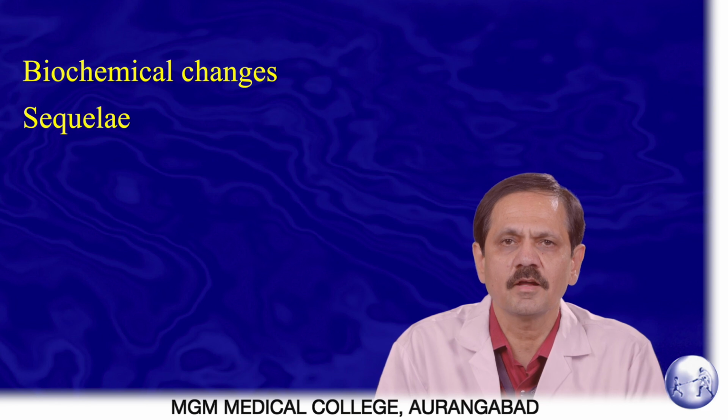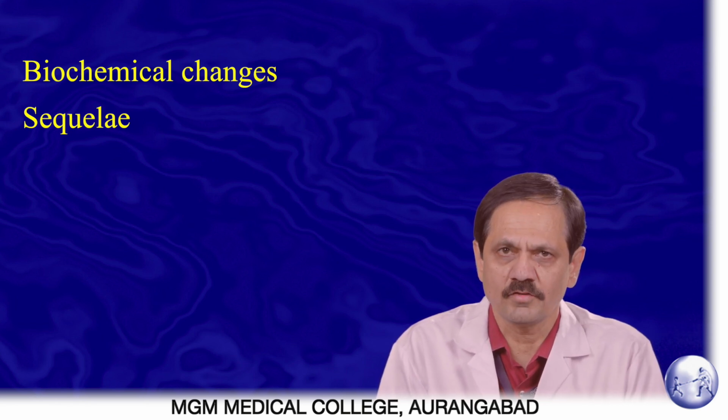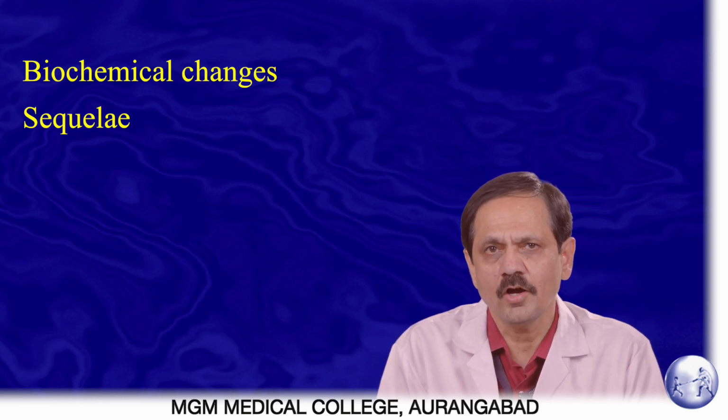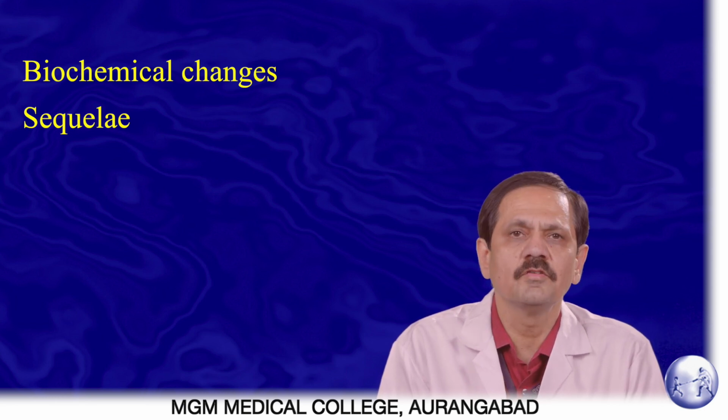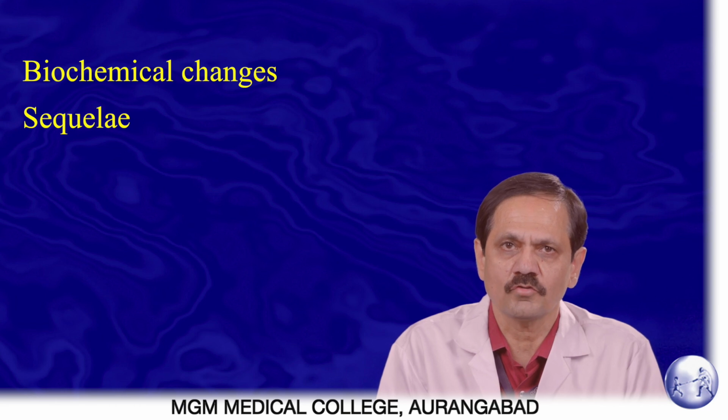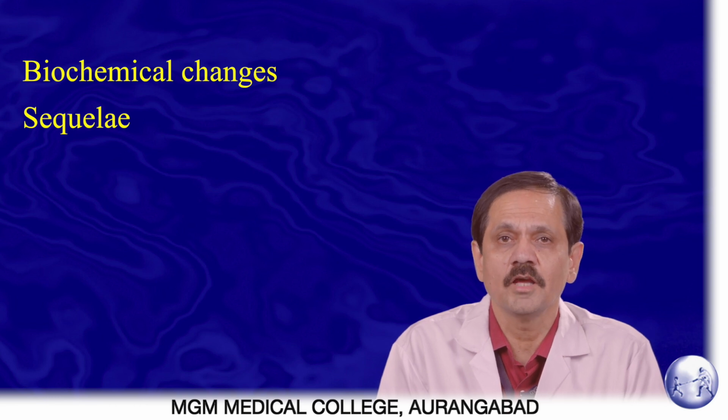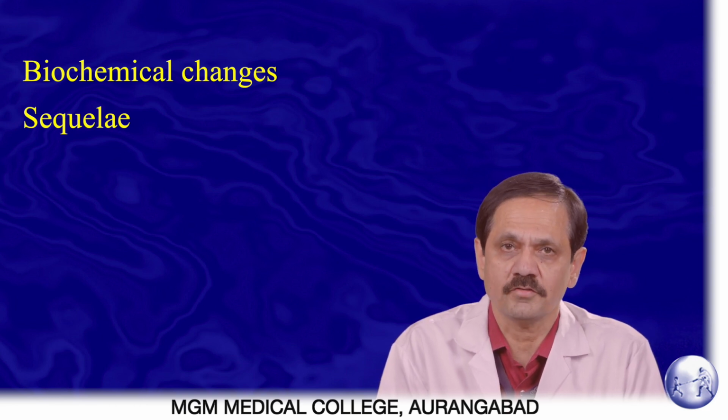So, after etiology and mechanism, we will see what are the biochemical changes that occur and what are the sequelae of necrosis. As far as biochemical changes are concerned, whatever is present in the cytoplasm, mainly the enzymes and proteins, are liberated out of the cell, and that will lead to an increase in these enzymes. For example, when there is liver cell necrosis, the transaminase enzymes and alkaline phosphatase are raised, and that can be detected with the help of routine biochemical tests.